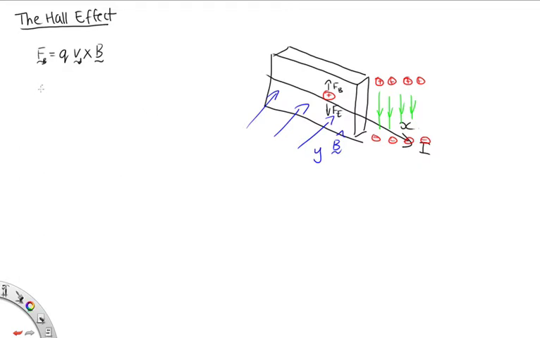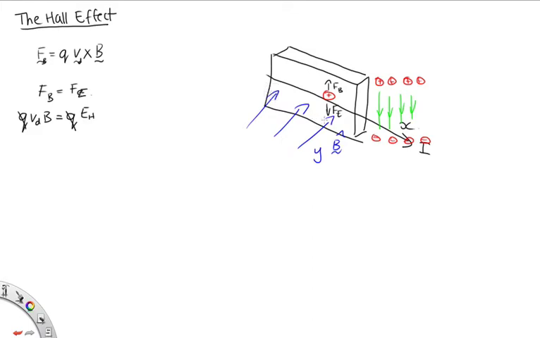So we have that Fb is equal to Fe. The magnetic force is given by QVdB, and the electric force is given by QE, with a little subscript h for the Hall electric field. So these Q's will cancel out, and this will give us our Hall electric field.